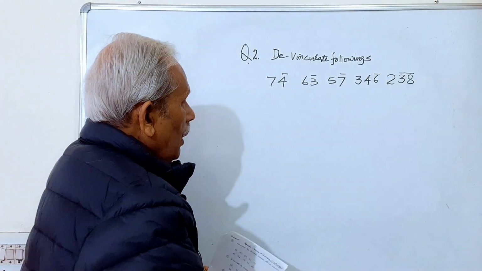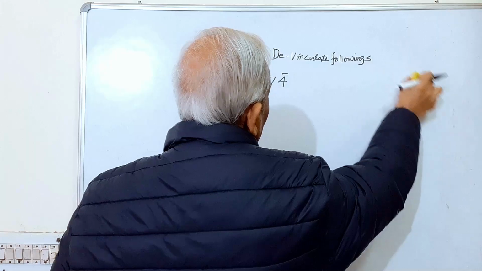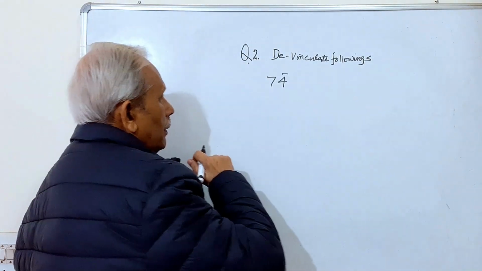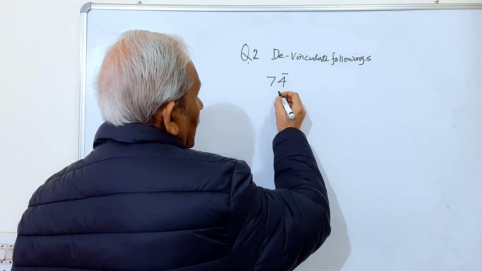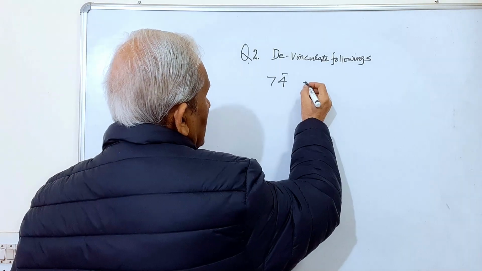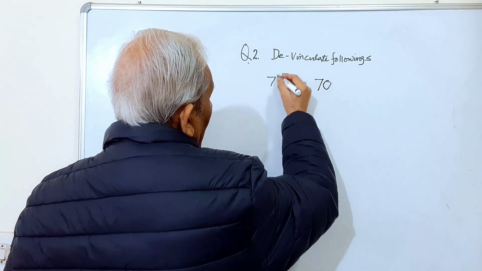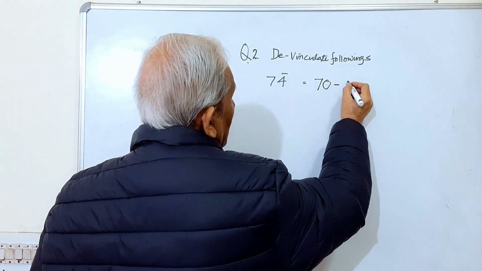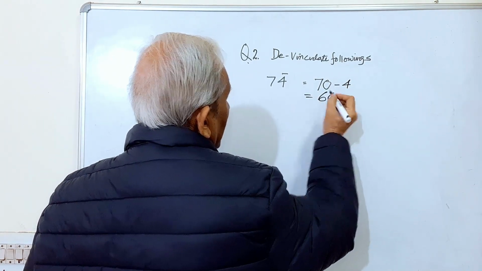Well, I hope by now you have attempted these questions and you could do it. So the first number is 74 bar. Here it means 70 minus 4. 4 bar means minus 4. 70 minus 4 is equal to 66, right?